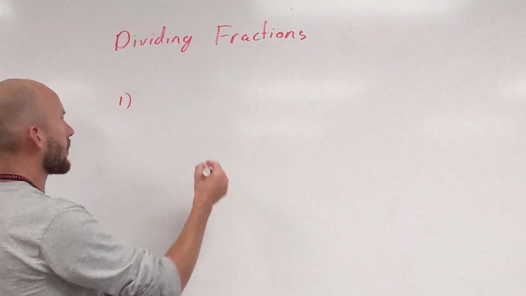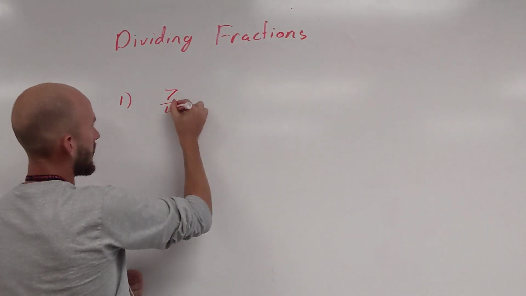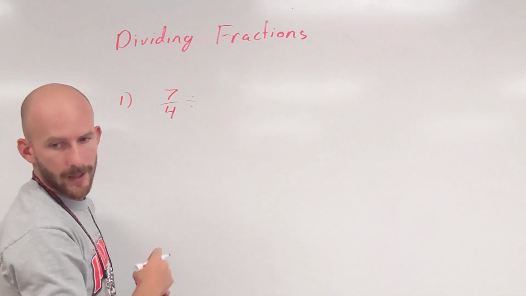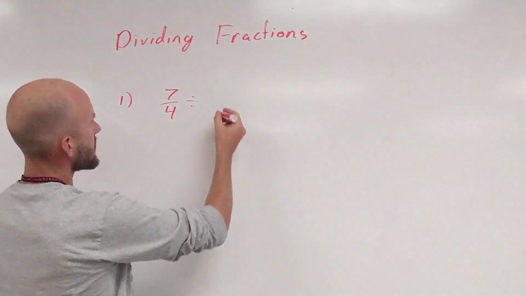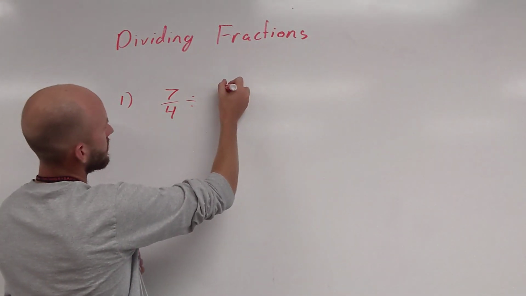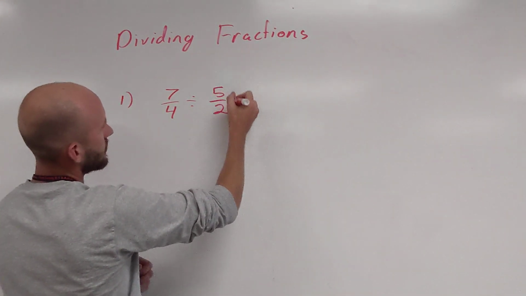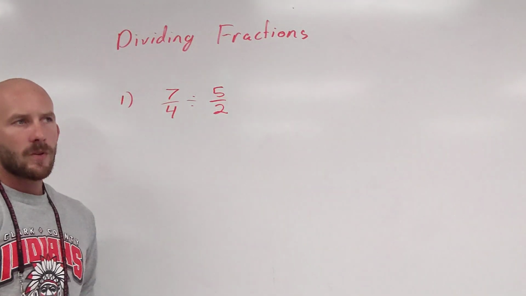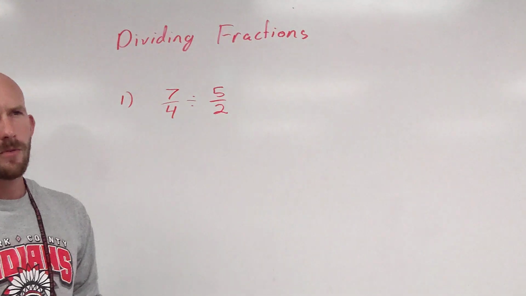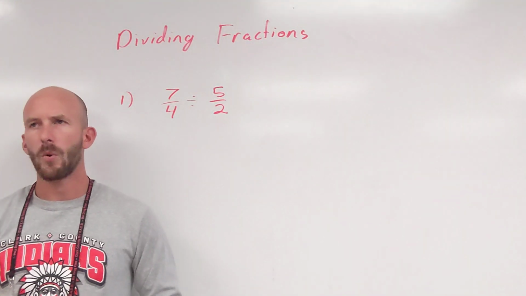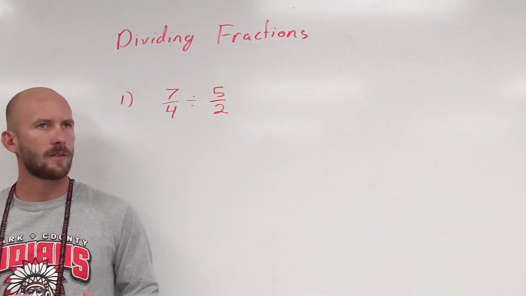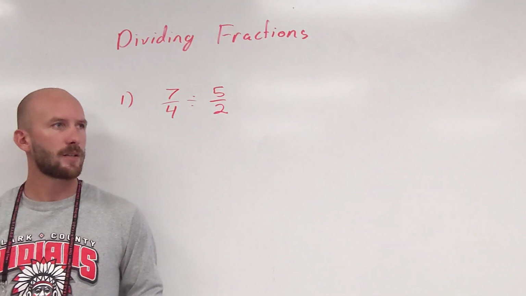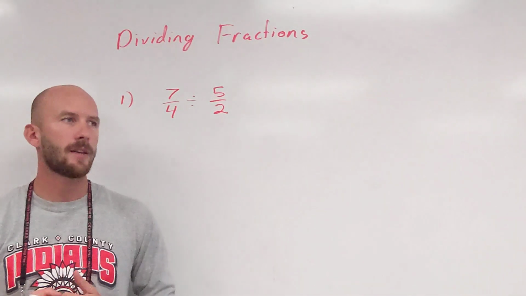So the first thing we're going to do, I'm going to give you 7/4 divided by, we'll say, 5/2. Do you remember, or have you ever heard of the saying keep, change, flip for adding and subtracting negatives? It's kind of like that.